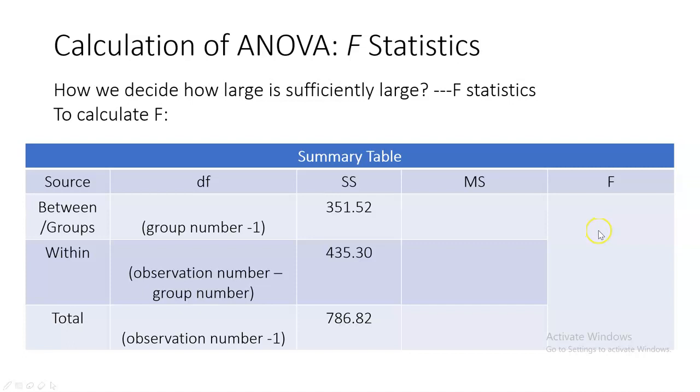So the logic is pretty similar with the t-test. So we're gonna have this obtained F value for this example. And then we're gonna have an F table where we want to compare our obtained F value with the critical F value found in this F table.